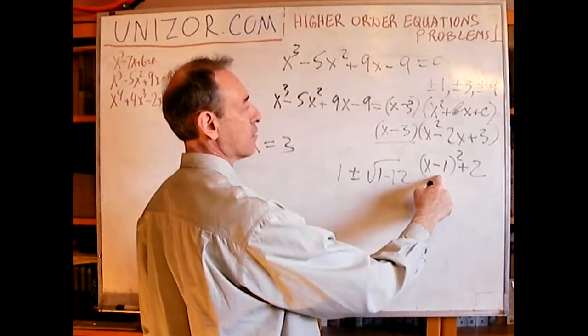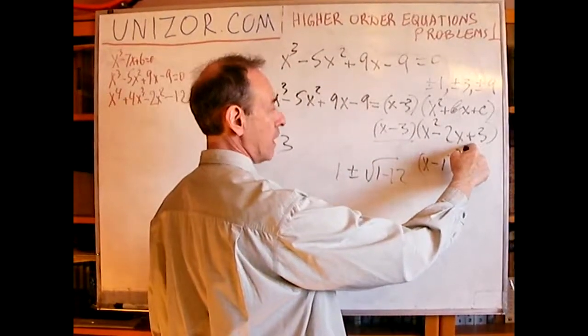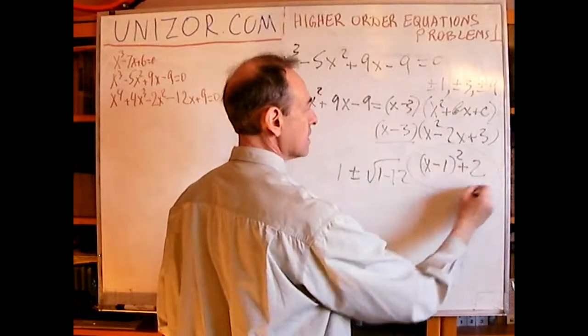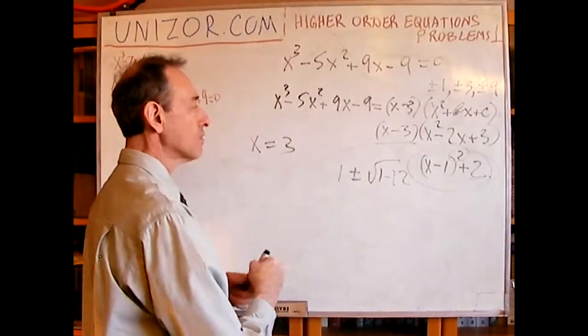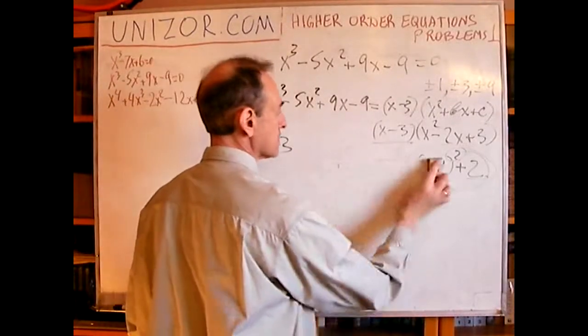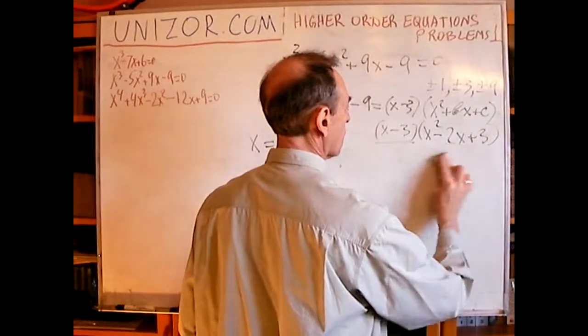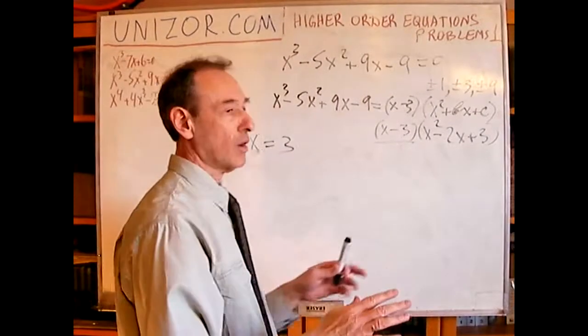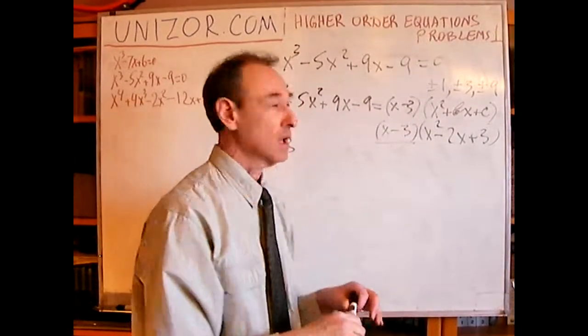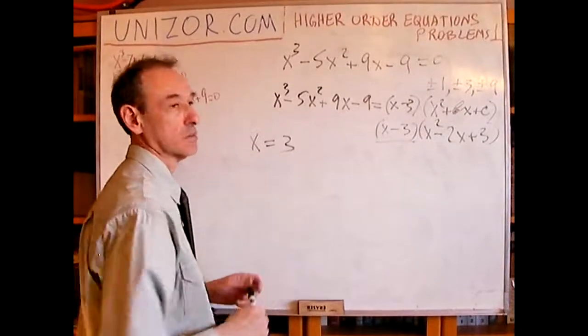X minus 1 square is x squared minus 2x plus 1. So this is positive plus 2, I mean non-negative plus 2. So there are no solutions to this equation. It cannot be equal to 0. So in this particular case, in the realm of real numbers, we have only one solution.